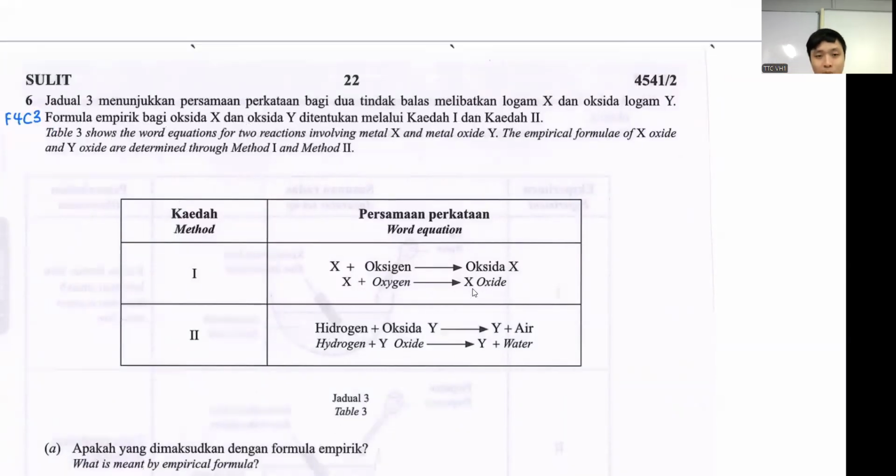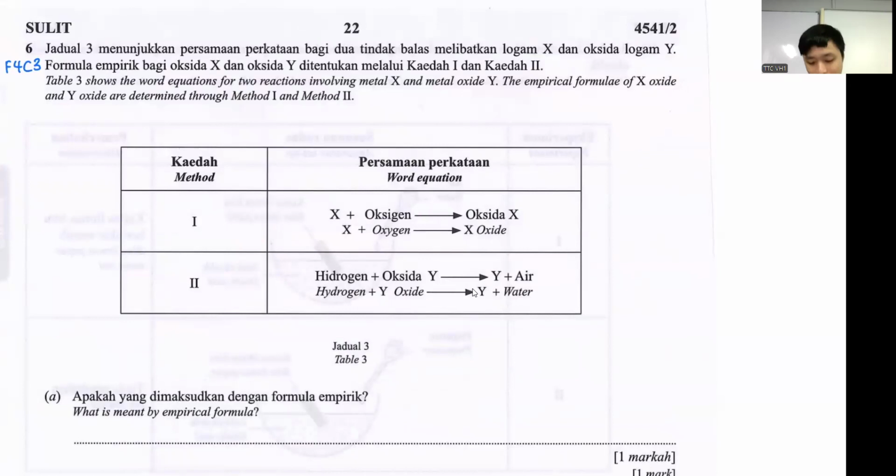Remember the experiment where metal reacts with oxygen. You have a crucible, and you heat the crucible with the lid covering. Inside there is magnesium, and you have to let oxygen enter. Normally it's magnesium, zinc, or aluminum, normally magnesium. You measure the mass before and after.